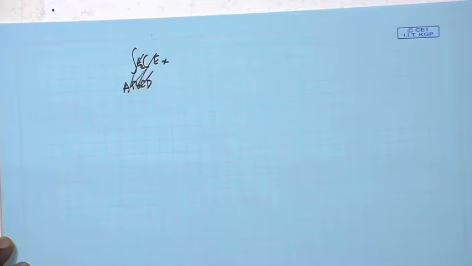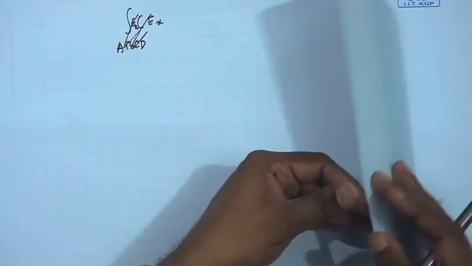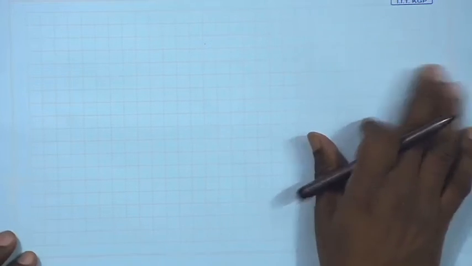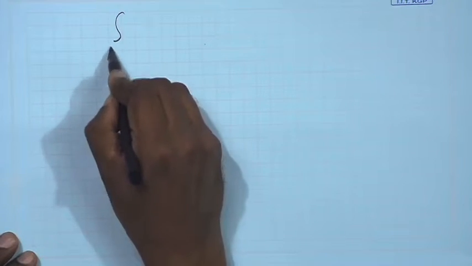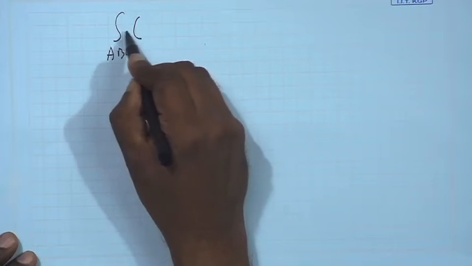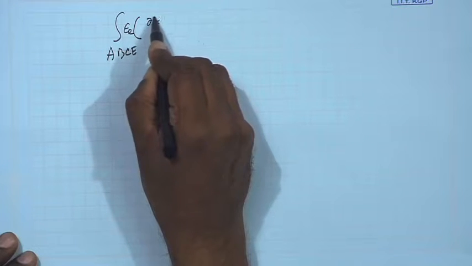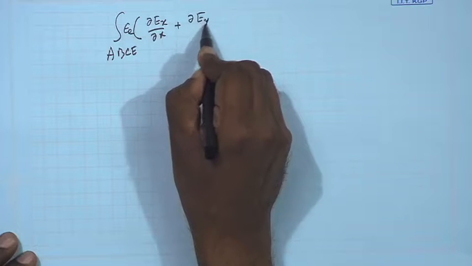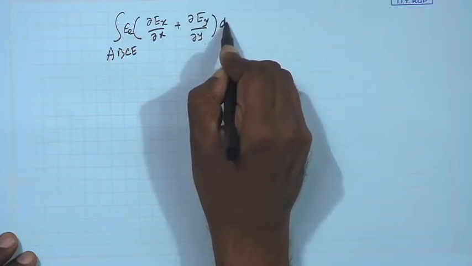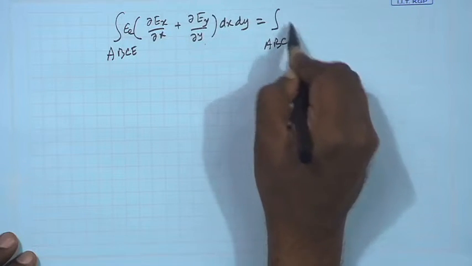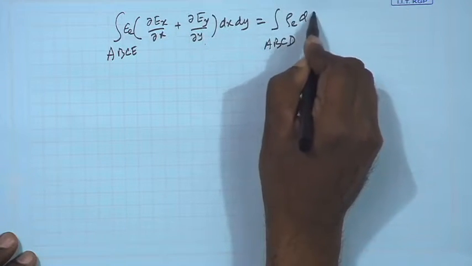So it is not just Ex; it will be the gradient of Ex. So we can write the integral over ABCD of epsilon E times del Ex del x plus del Ey del y, dx dy, equal to the integral over ABCD of rho E dA.